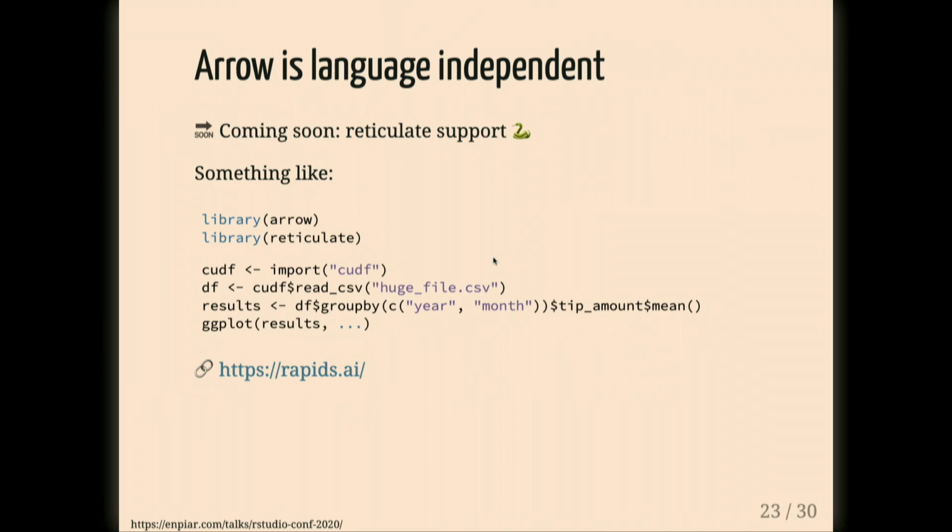This one here in this example, cuDF, is a data frame library that uses GPUs. And so with Reticulate and Arrow, we should be able to just do our work using cuDF and then continue with our workflow in R as if it were in R. So again, not in the package. Don't run this code right now, but hopefully very soon.